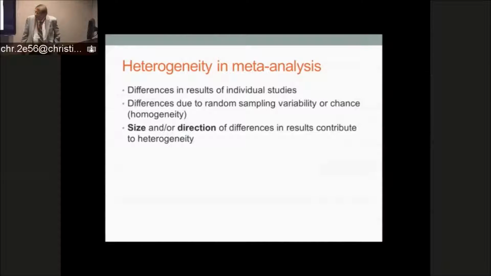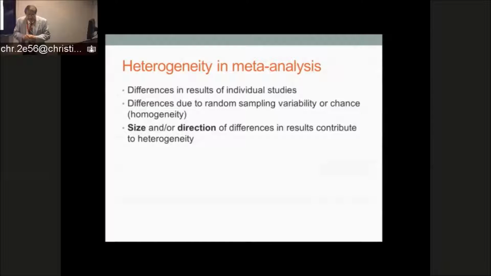Another major concept we need to talk about in regard to meta-analysis is heterogeneity. When you combine studies together, those studies are not always going to agree as far as the outcome. In other words, they may get different results. So the question is, are those differences between the studies due to random sampling variability or chance?